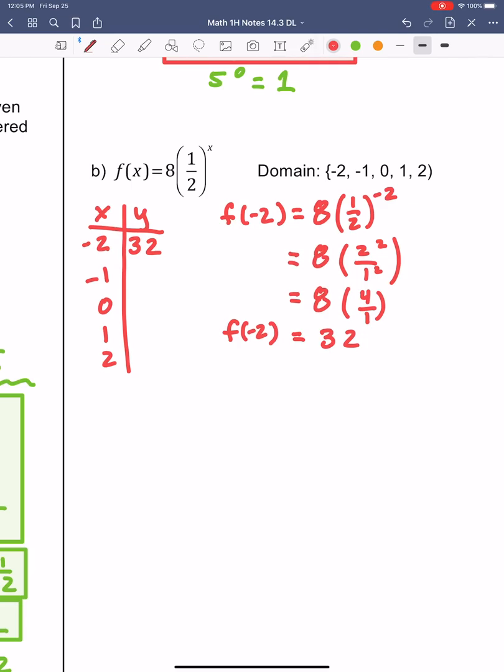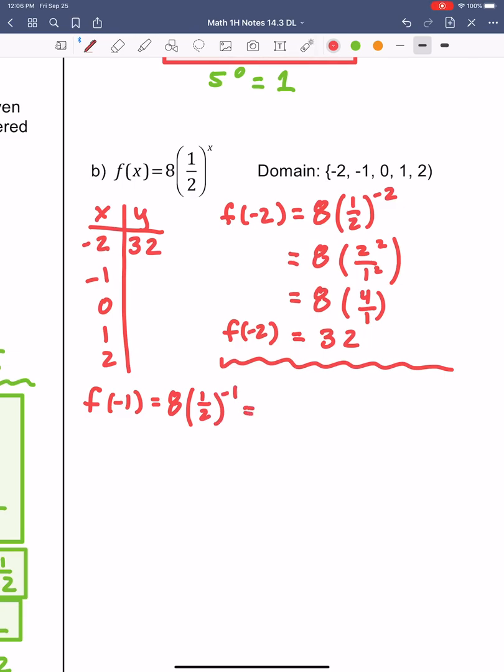Okay. Next, we're going to plug in -1. So I'm going to go ahead and find f of -1. So we'll punch that in there. So it looks like this. F of -1. I'm going to end up with 8 times 1/2 to the -1 power.